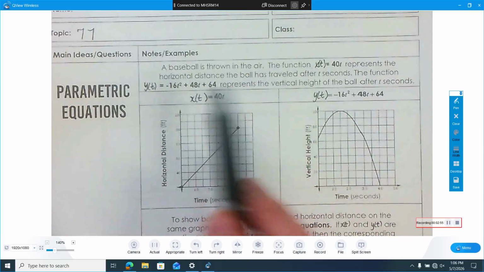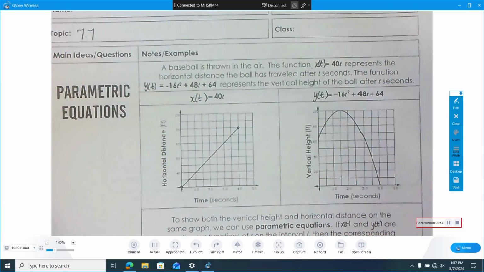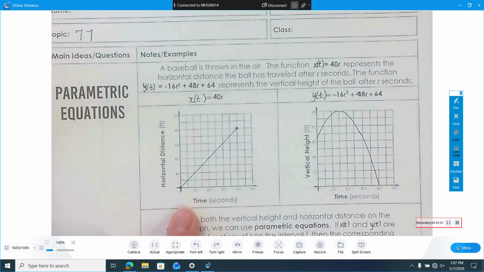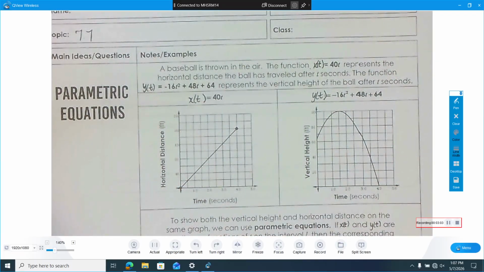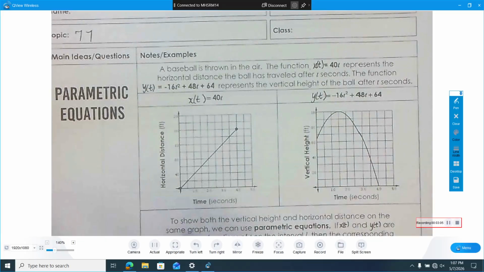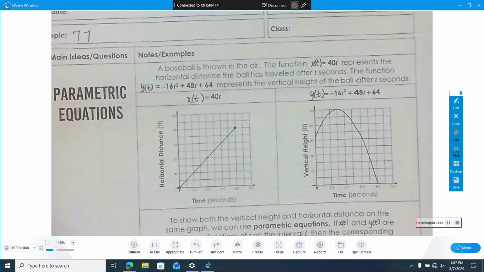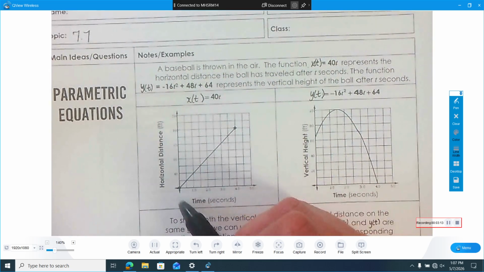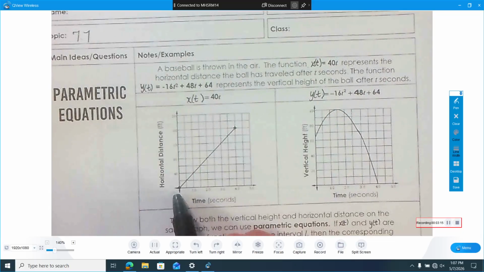And so a baseball is thrown in the air. The function x of t equals 40t represents the horizontal distance that the ball has traveled after so many seconds. So this graph looks like this because it's thrown really fast, and all this is showing is that at 0 seconds, it's 0 feet away. It's right in the pitcher's hand.